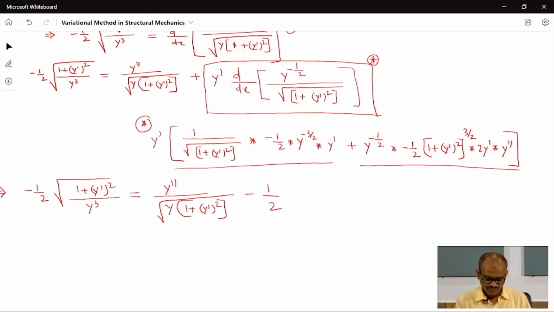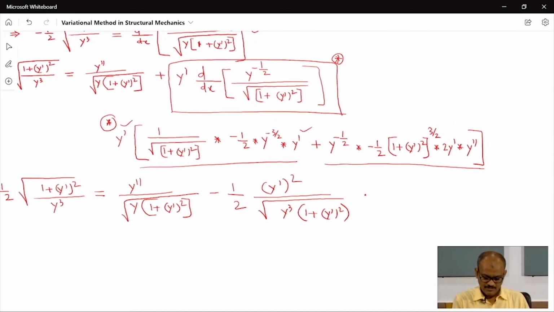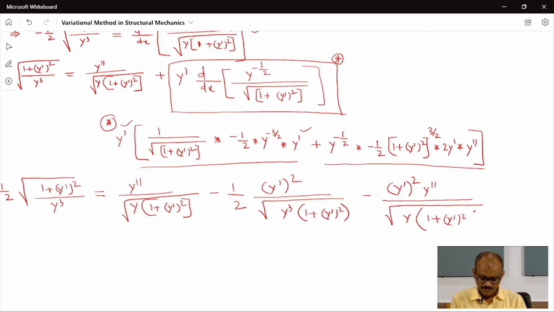So let us write those two terms: minus half into y dash multiplied by this y dash square divided by root over of y cube multiplied by 1 plus y dash square, minus y dash square into y double dash divided by root over of y multiplied by 1 plus y dash square whole cube.